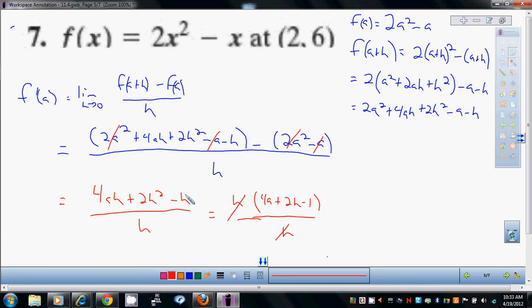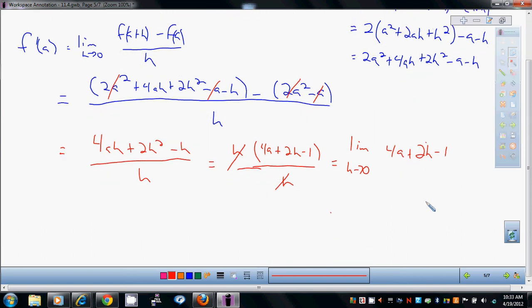You can just take the h out, sure, but remember your algebraic principles. Okay, so now that we've reduced it as far as we can, the limit as h approaches 0 of 4a plus 2h minus 1. Plug in 0 for h, and you're left with 4a minus 1.